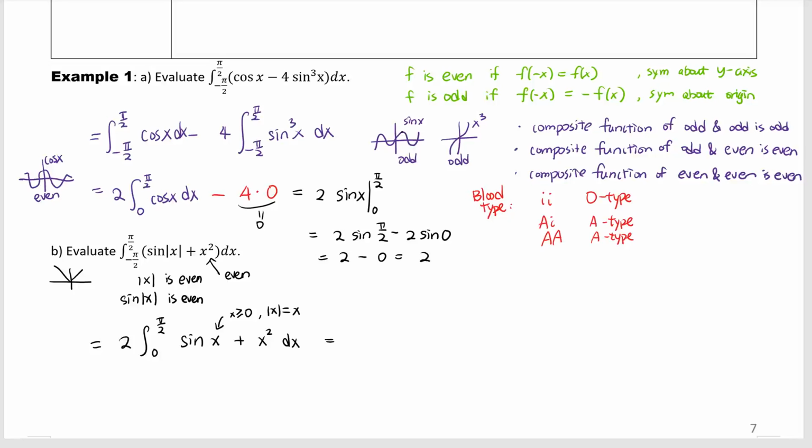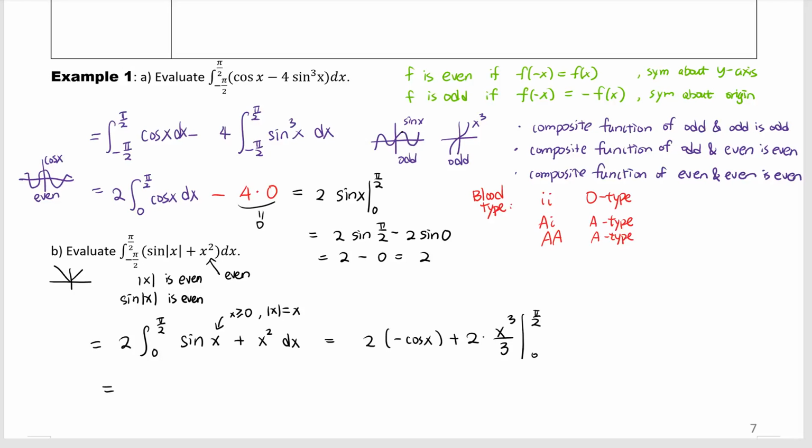So that is the integral of sine, which is negative cosine. And we have the 2 here because we distribute. The integral of x squared is x cubed over 3, evaluated from 0 to pi over 2.